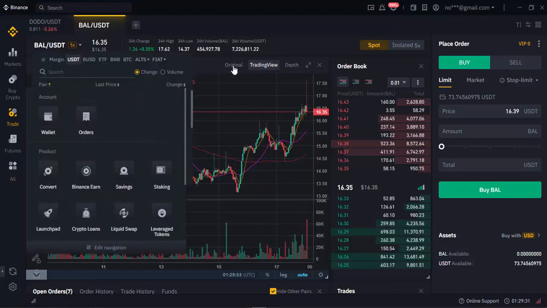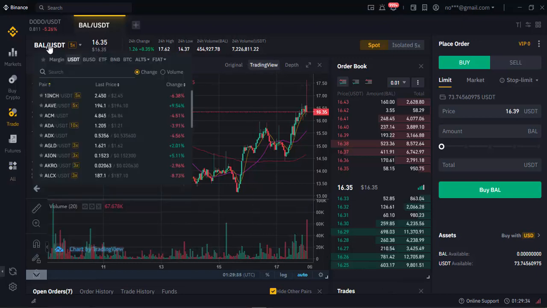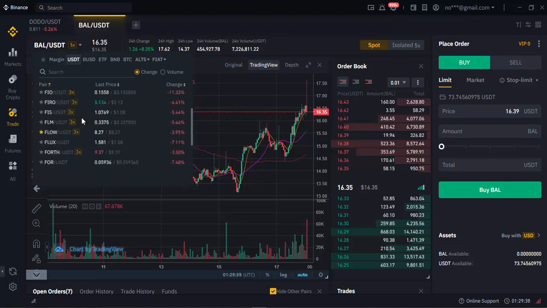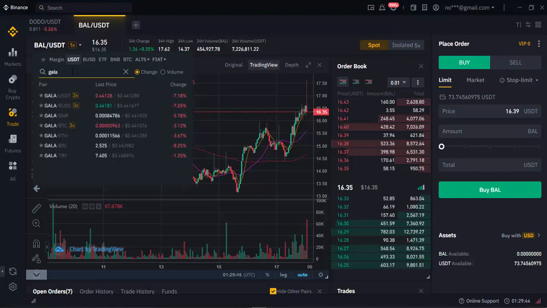From here you can search for any other coin you want to trade on. You can scroll down, or you do a search. Let's say you want to trade Gala. Any coin you want to trade, you type it here and select the pair you need.